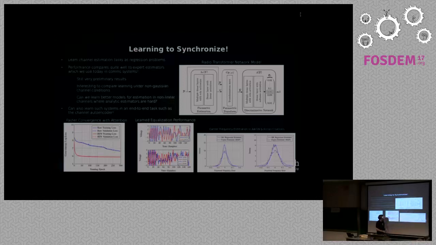And so in doing this, you basically tell the system, well, okay, this is how you would apply equalizer taps, or this is how you'd apply frequency correction if you knew how far off it was. It turns out if you do that, this converges much faster, orders of magnitude faster here, and we get significantly better performance as well in the autoencoder case.